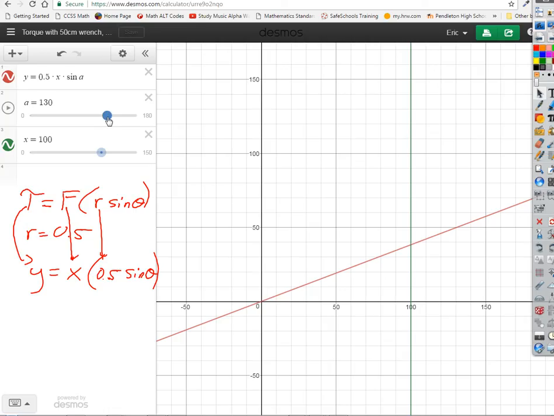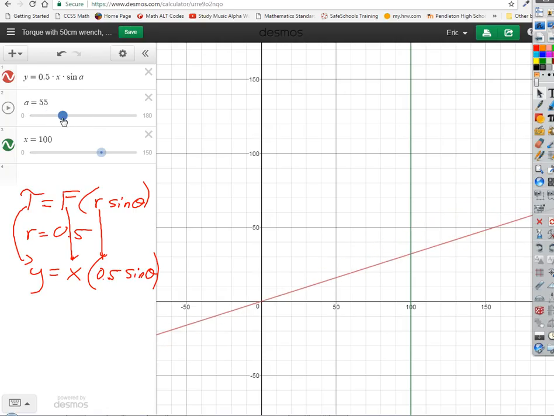If I slide the angle, look what happens: it gets bigger and then it gets smaller again. So if we want to know how much torque we are getting when we push with 100 pounds of force, it's how high the red function is when it crosses X equals 100. Where is it a maximum, predictably?